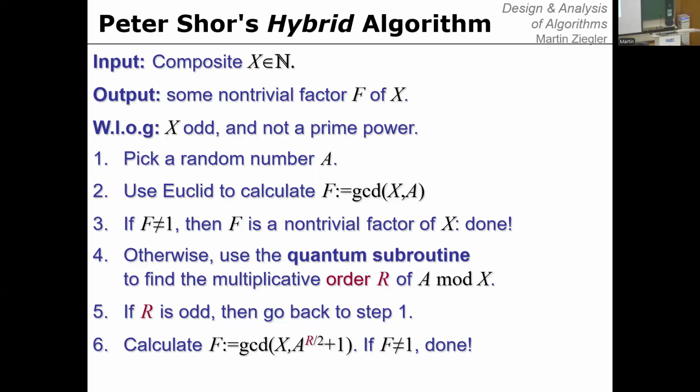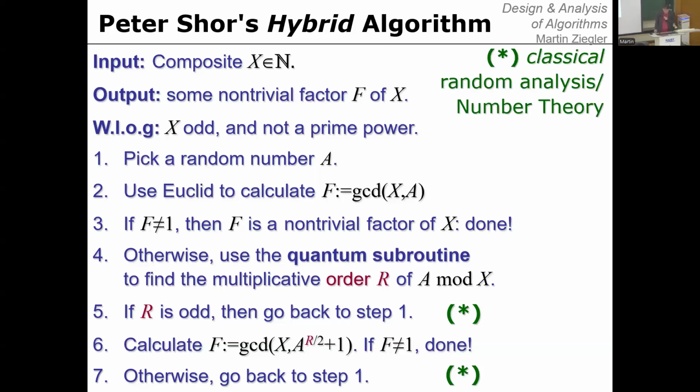Then add and subtract 1, and calculate the GCD. If the GCD is not 1, then we have again found a non-trivial divisor of x. Otherwise, again, we're out of luck and have to start again with a different random number. And classical probability theory says this is very unlikely to happen, at least not repeatedly.